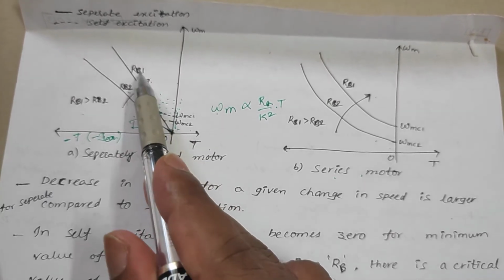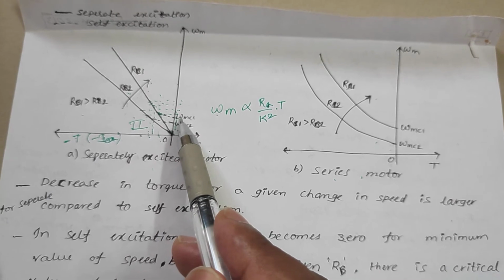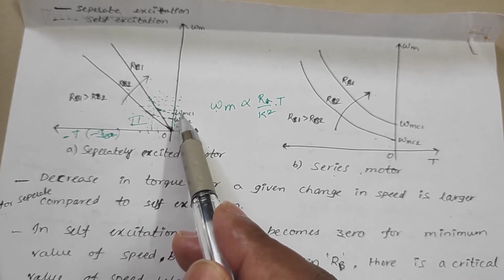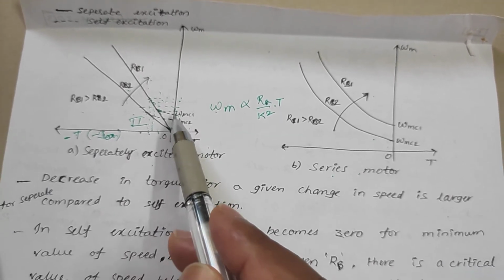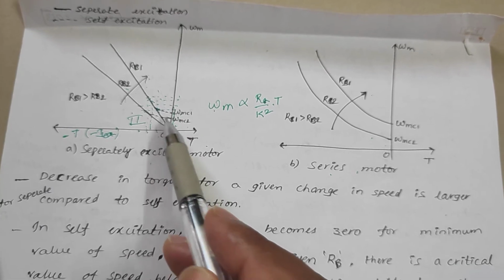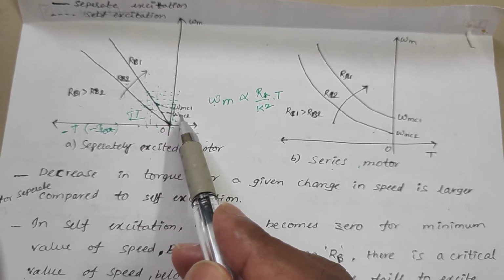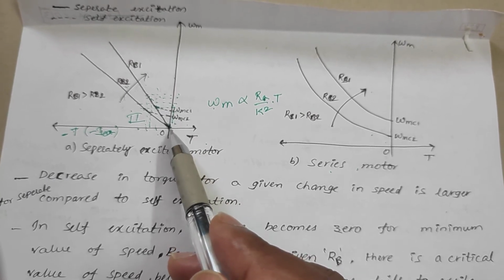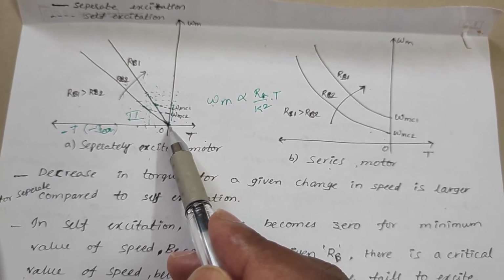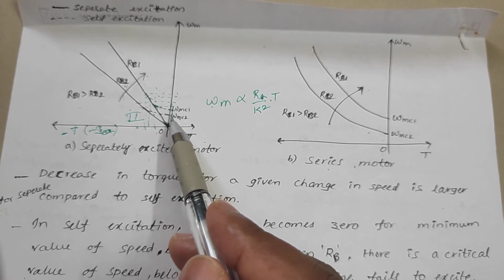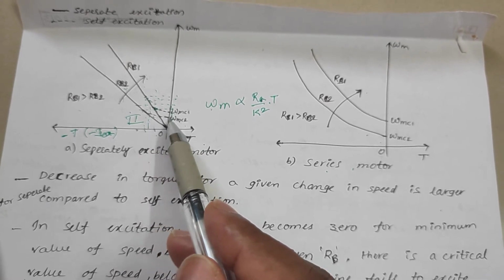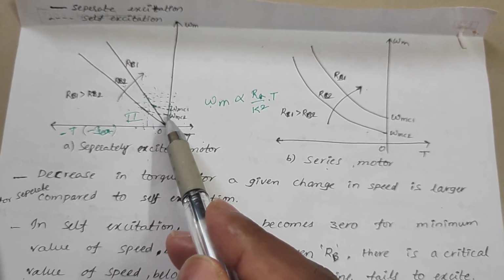For example, with respect to RB1, the corresponding critical speed is omega mc1. Below this speed, the machine fails to self excite. With respect to the RB2 resistance, omega mc2 is the critical speed. Below this speed, the machine fails to self excite. That's why the characteristics move with the dotted line at minimum speed.